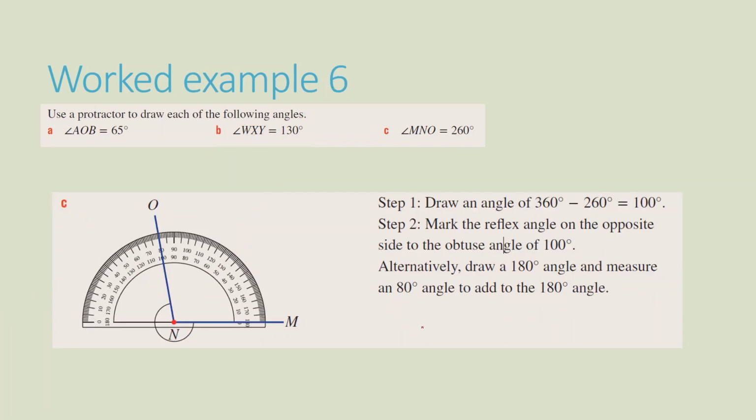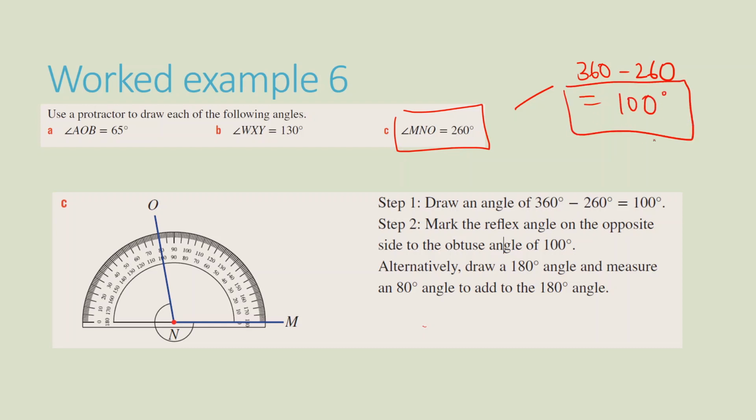So the last one we're going to look at is angle MNO equals 260 degrees. So this is a reflex angle. So we know that our protractor only goes to 180 degrees. Okay, it doesn't go to 360. So just by that, we know that we will need to subtract 260 from 360, okay, which will give you 100, and that's the angle you actually need to draw and measure first.